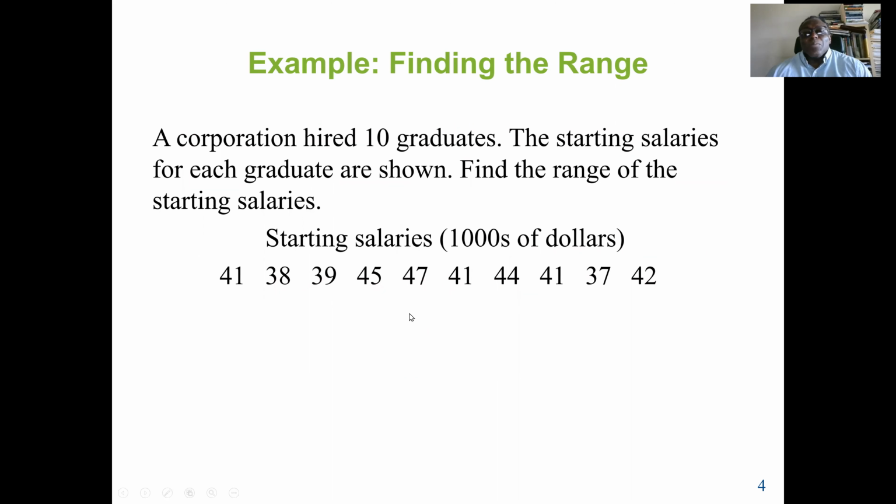So we have an example here. They say we should find the range. A corporation hired 10 graduates, and the starting salary for each graduate is shown. Find the range of the starting salaries. Here, the values are in thousands. So we have 41,000, 38,000, 39,000, etc. Now, to find the range of these 10 graduates, we just have to look for the maximum and the minimum salary, then find the difference.